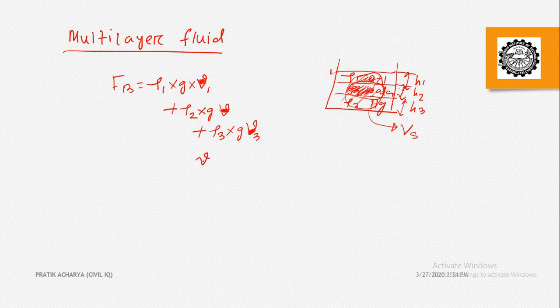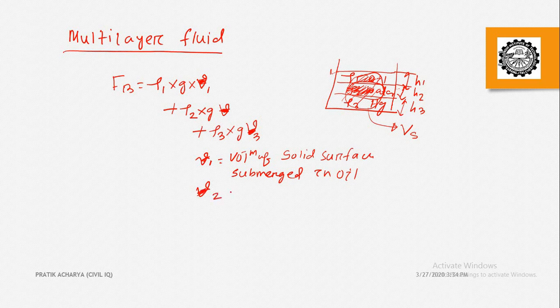Okay, so what is V1? V1 is the volume of solid surface submerged in oil. Similarly, if you write down V2, this is the volume of solid surface submerged in water.